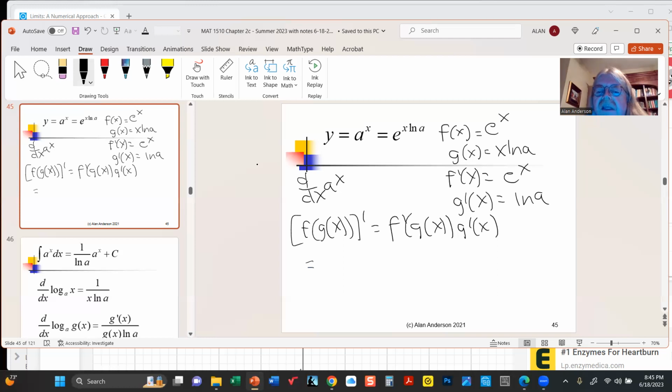F prime of x is e to the x, but that means it's e to the g of x. And g prime of x is ln a. But we have this identity. Oh, I wrote the wrong thing.